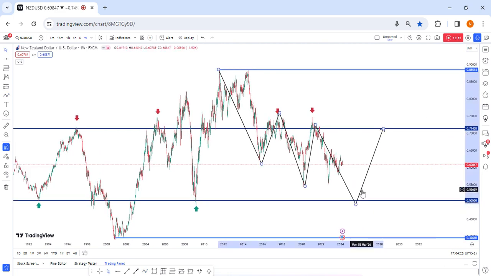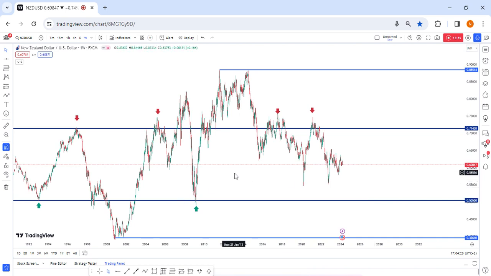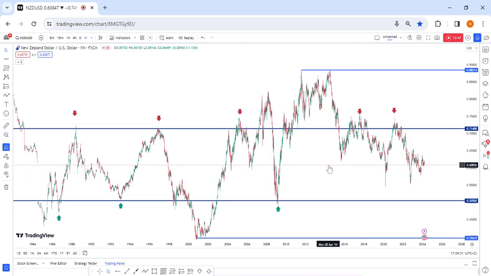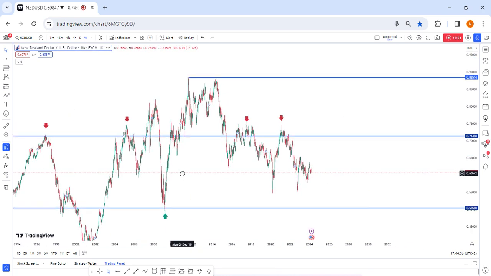But this is how support and resistance levels can be very useful when trying to distinguish where price is going, and how it's going to react, giving us a foundation to stand on as to how we want to go about our entries or our analysis when looking at the market, taking support and resistance levels into consideration.